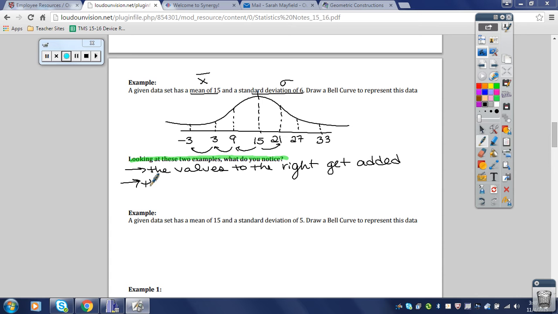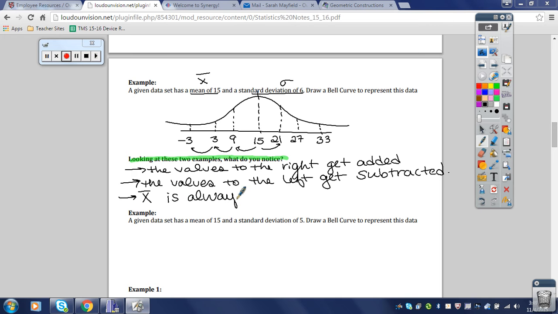The values to the left get subtracted. All right. Another thing I want you to notice, the x bar is always in the middle.